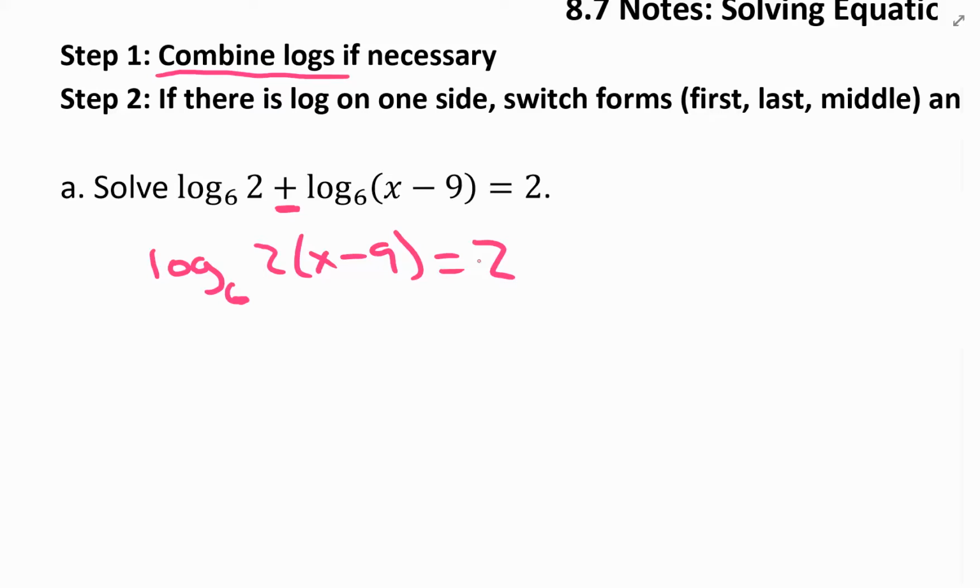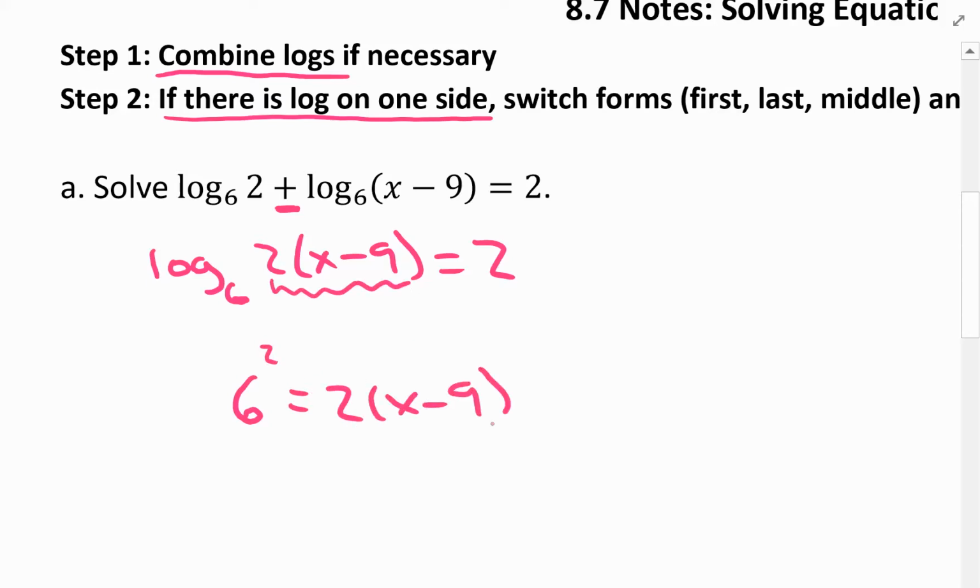Step 2, if there is log on one side, that's what I have here. There's not a log on the side with just the 2. I switch forms. First, last, middle. First is 6, last is 2, and middle is this whole chunk right here. 2 times x minus 9.